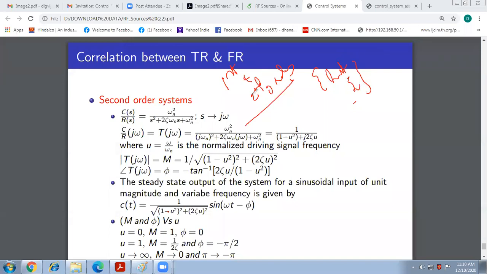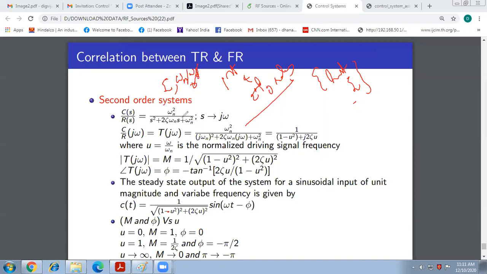We will see how to arrive at it. In time response, normally we talk about two quantities: one is the damping ratio zeta, another is either omega n or omega d, the natural frequency or damped frequency.